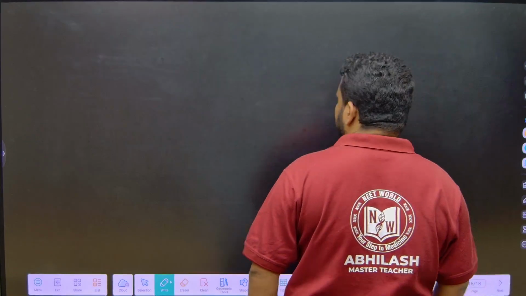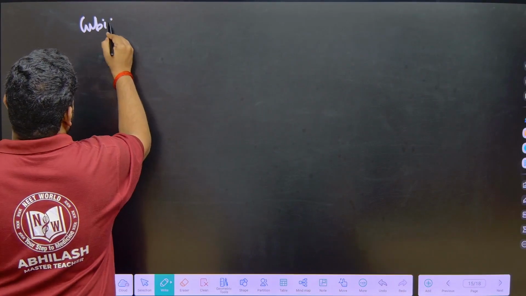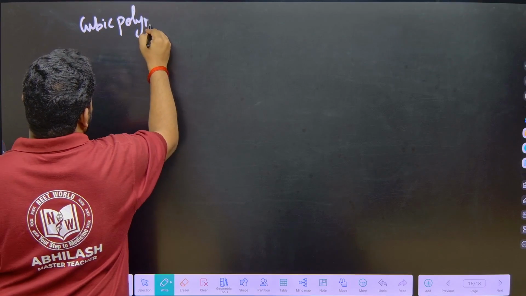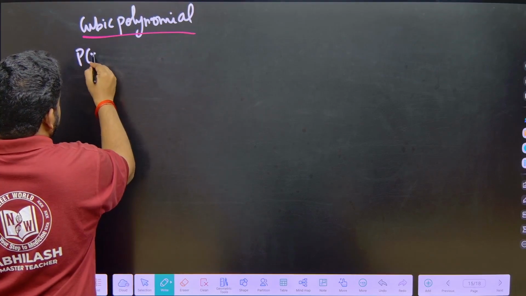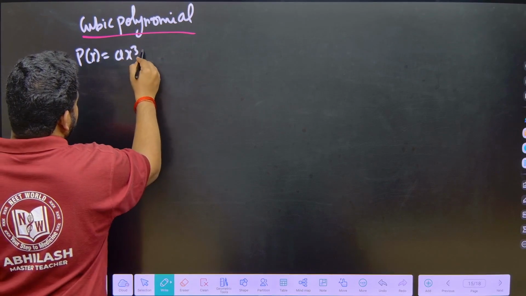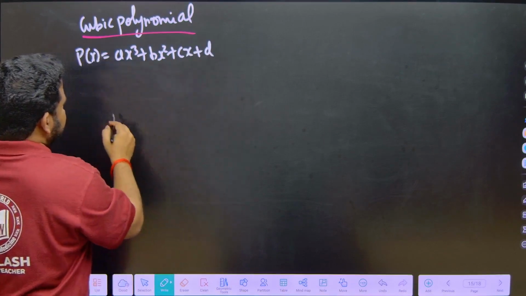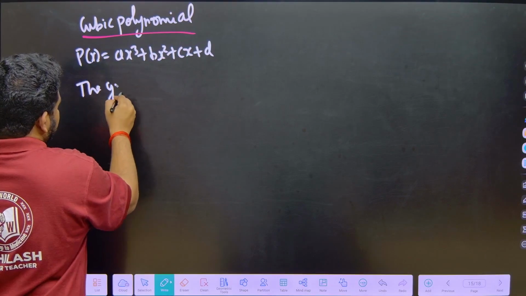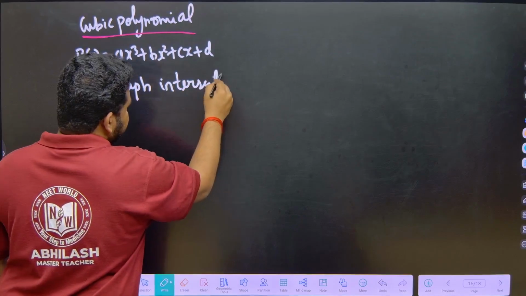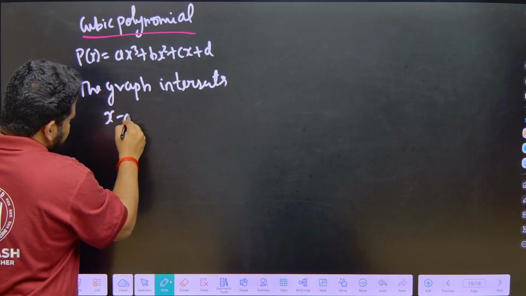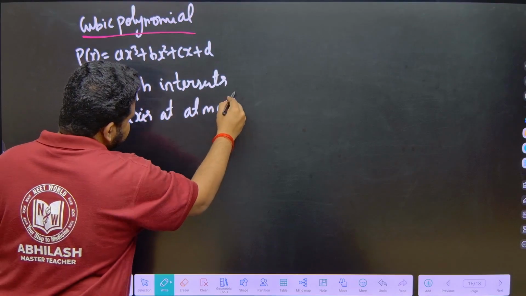Now let us see for cubic polynomial. For a cubic polynomial, P of x can be written as ax cube plus bx square plus cx plus d. Here the graph intersects the x axis at most 3 points.